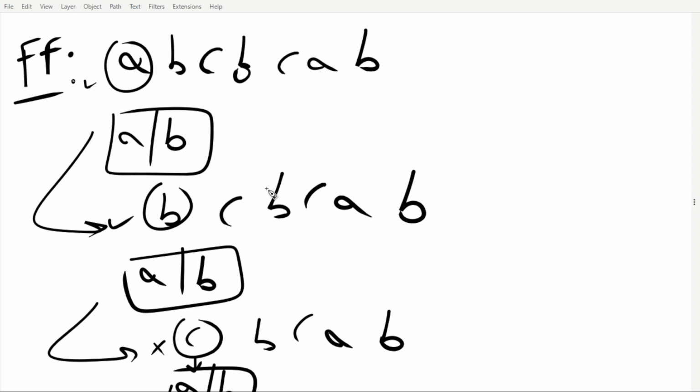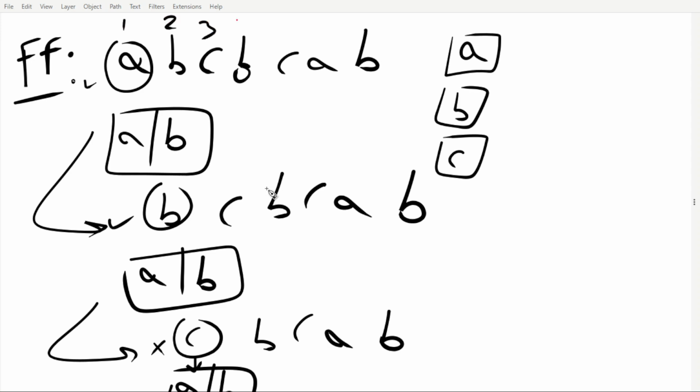So we initialize the linked lists with null initially, like this. We have A, B and C. Next we scan the sequence from left to right. We start with A. So every letter has some position like this: 1, 2, 3, 4, 5, 6, 7.